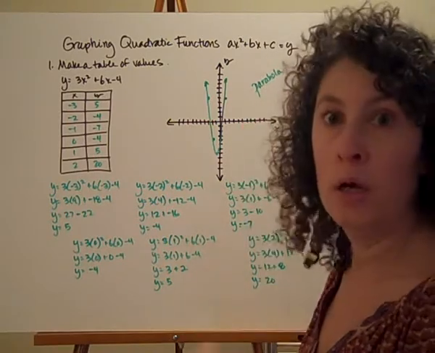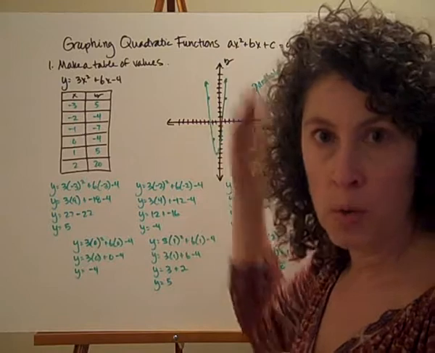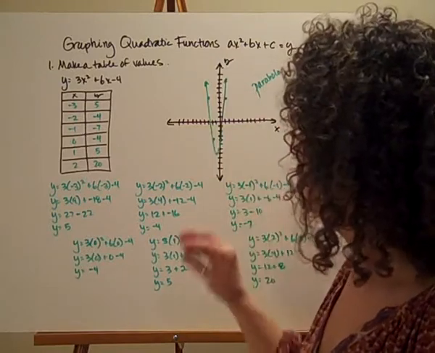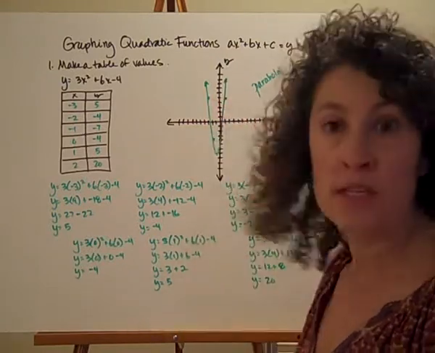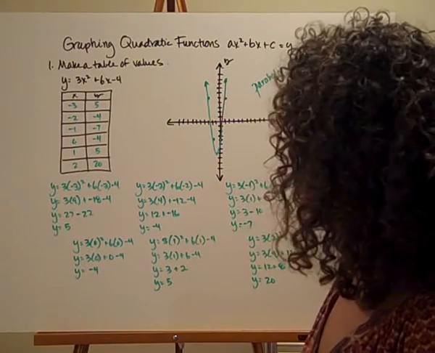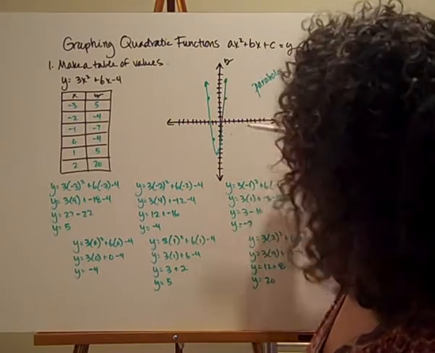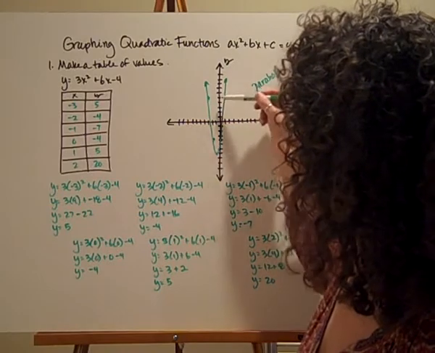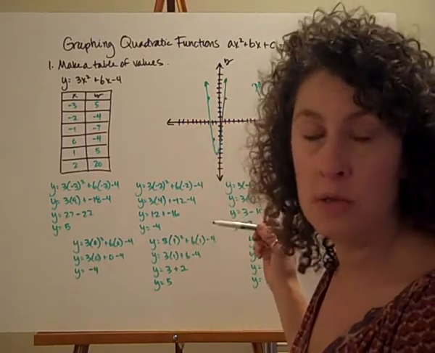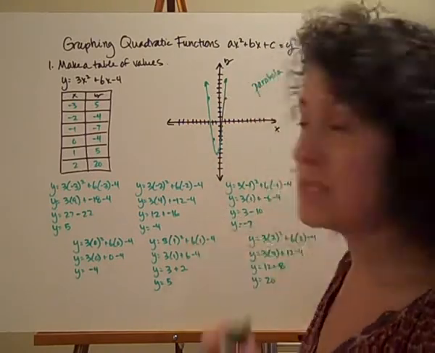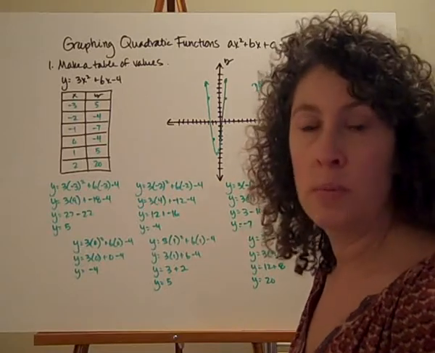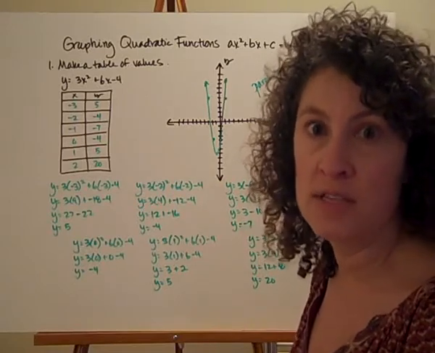And a parabola, which is the shape that we get when we're looking at a quadratic, has a few certain characteristics about it that I want to point out. So first of all, we'll talk about the fact that it is symmetrical. You'll notice that we do have points that correspond to each other on either side of the parabola. And when we talk about something being symmetrical, we have to have a line of symmetry.